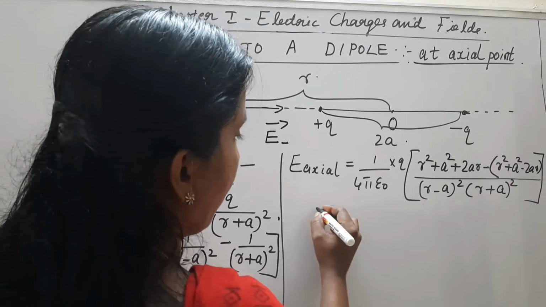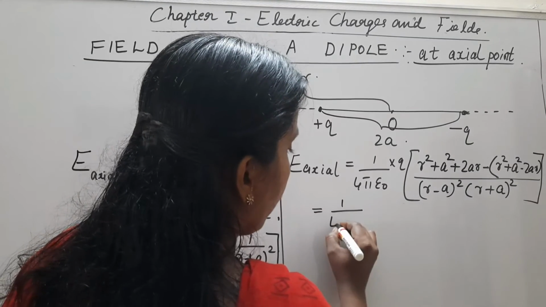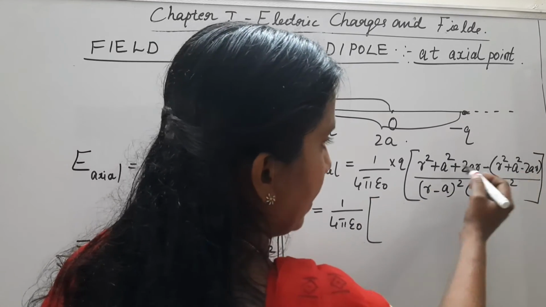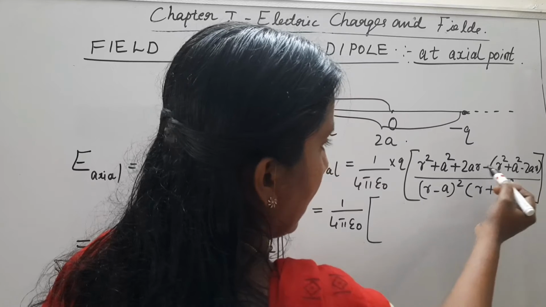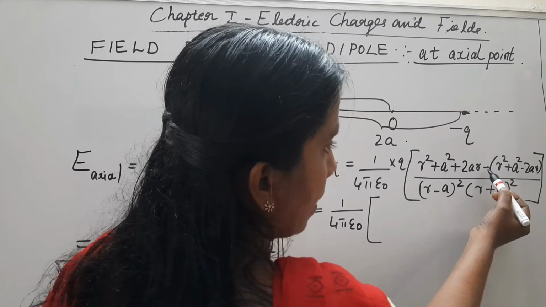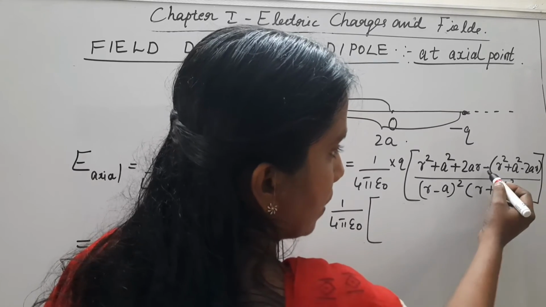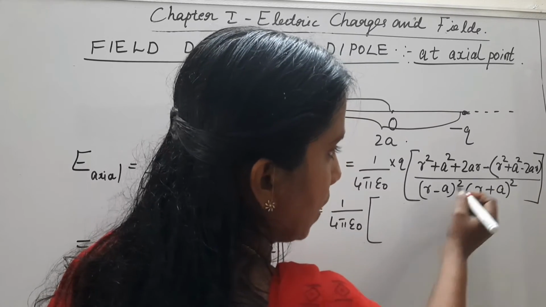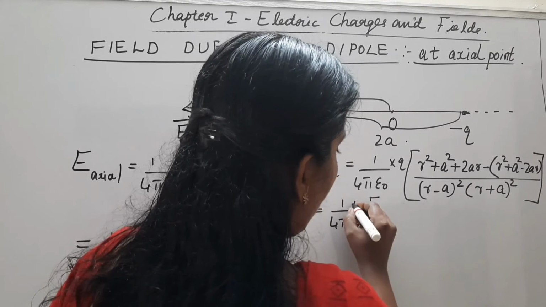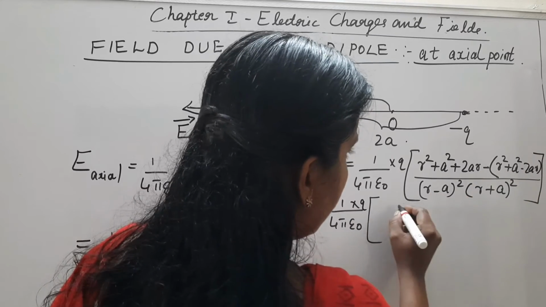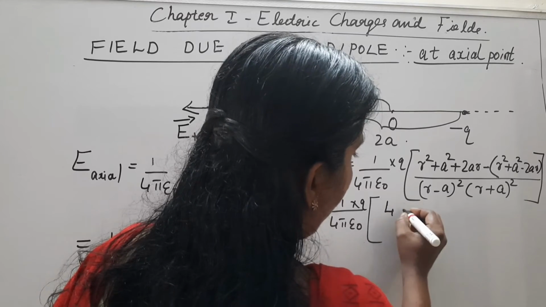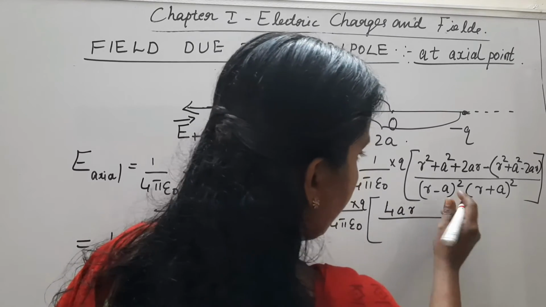Now again simplifying, we have 1 by 4 pi epsilon 0 into, now on expanding, R square minus R square gets cancelled, A square also gets cancelled, and what remains is 2AR minus minus 2AR. So minus into minus becomes plus. So 2AR plus 2AR becomes 4AR. So Q is here outside. Inside the bracket you have on the numerator 4AR divided by this.